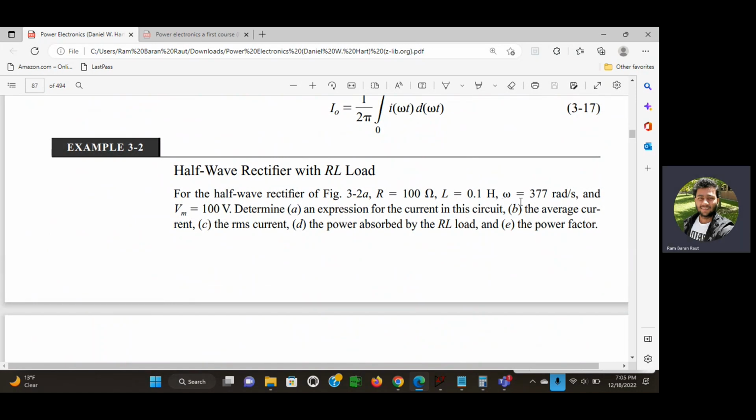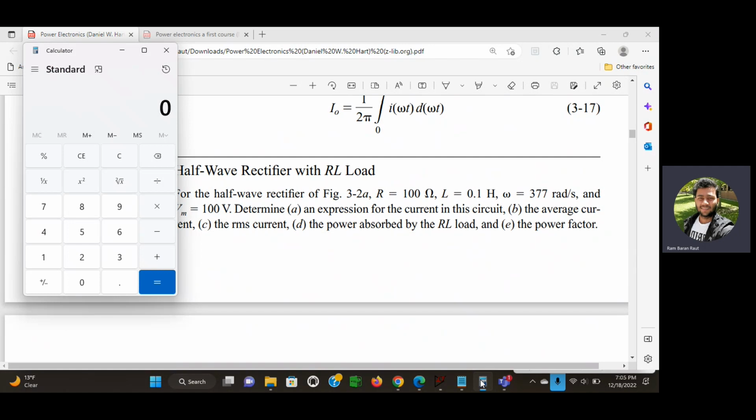The voltage source has frequency 60 Hertz, and omega, which is 2 pi multiplied by frequency, is 377. We can calculate over here.